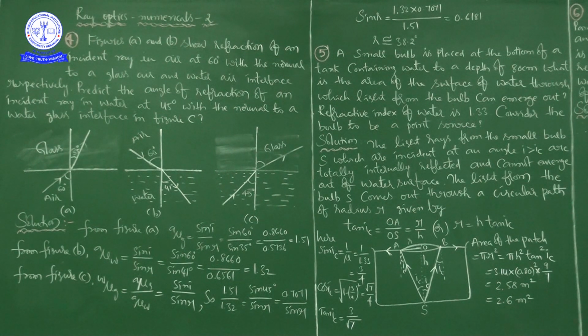The light from the bulb S comes out through a circular path of radius R given by, right?